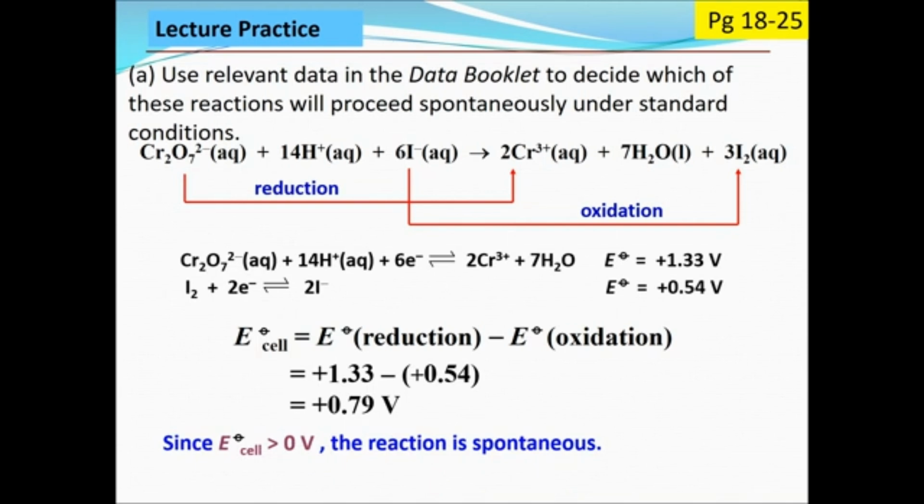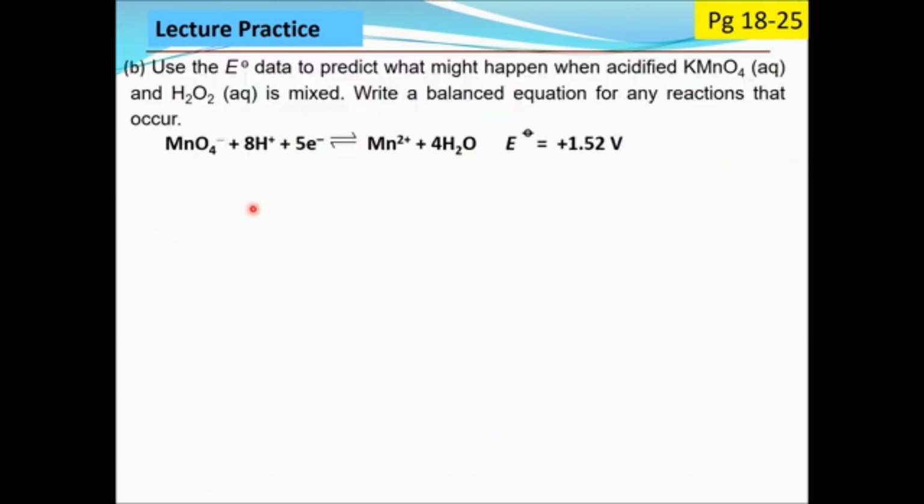Okay, for part B, the question is a little bit different here. It states: is the KMnO4 reacting with the H2O2? So we have already given you the MnO4 minus reduction equation, so quite clear. Now the difficulty is there are many H2O2 equations to pick. Which one to use? Okay, clearly if this is the one undergoing reduction, your H2O2 must be undergoing oxidation, right?